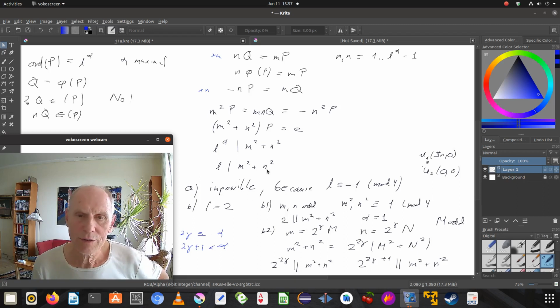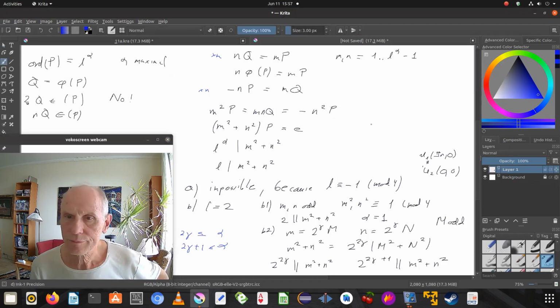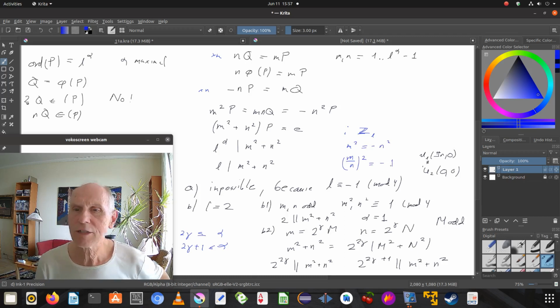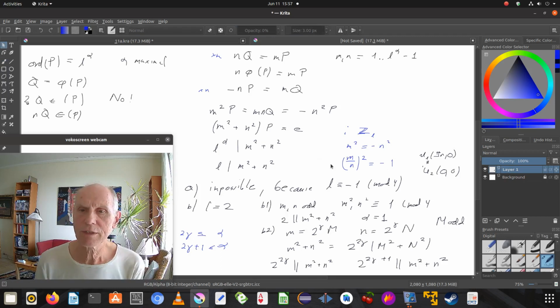If L divides m squared plus n squared, then in set L we have this equation, which implies this equation, meaning that minus 1 is a square in set L, which is impossible when L is equivalent to minus 1 modulo 4.